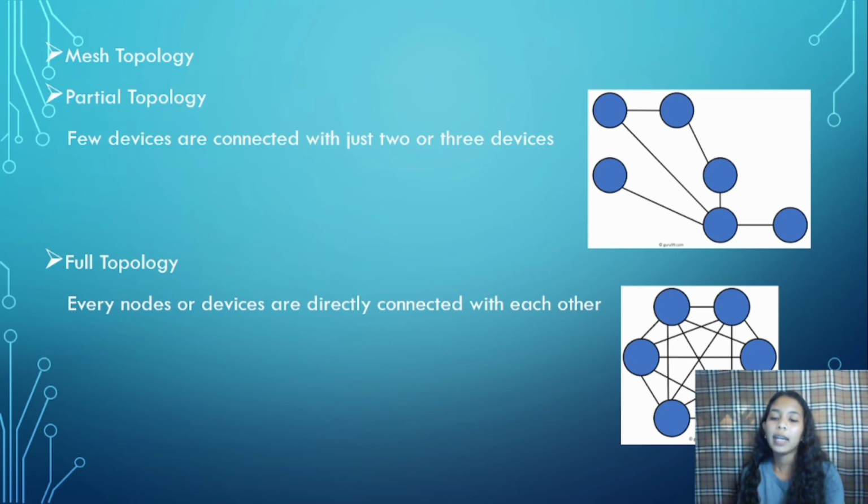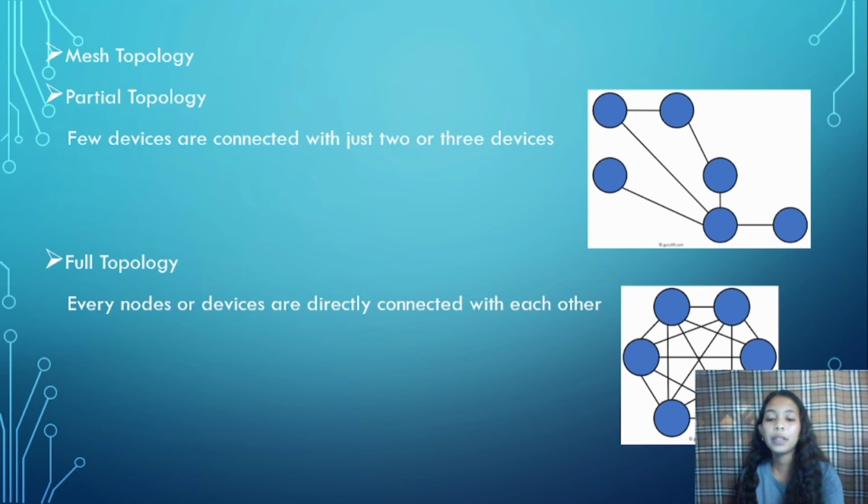So the advantages: the network can be expanded without disrupting current users. It needs extra cable compared with other topologies. It has complicated implementation. No traffic problem as nodes have dedicated links.